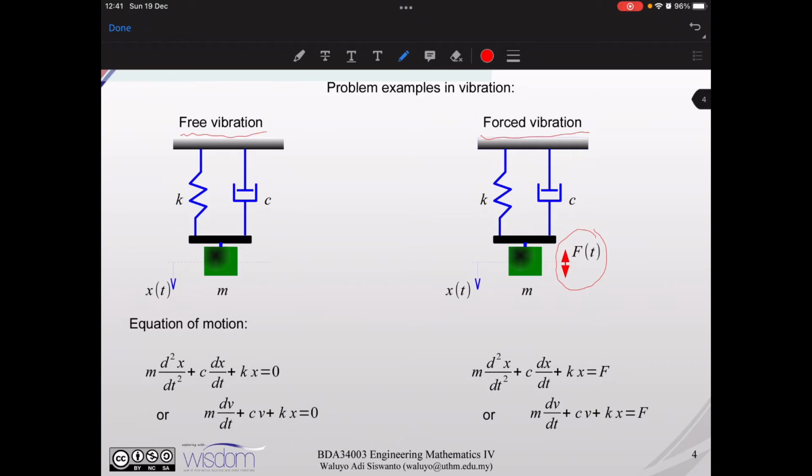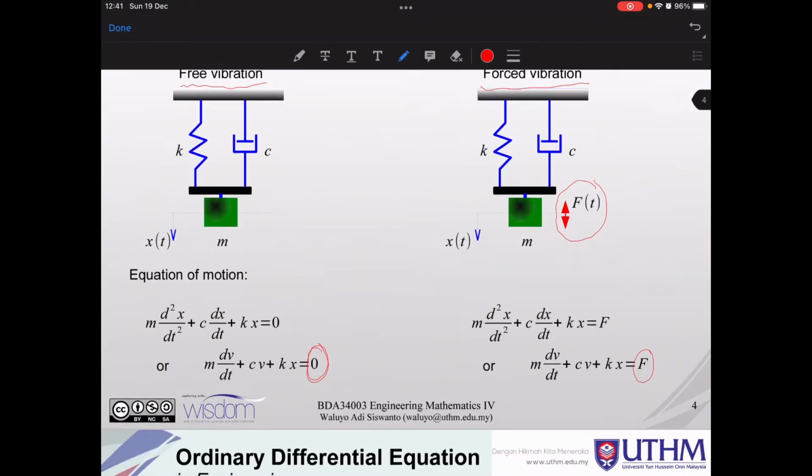So the equation of motion for each system is given here, whereby for free vibration, since there is no external force, it will be mx double dot plus cx dot plus kx equals to 0. And for forced vibration, we have force at the end.